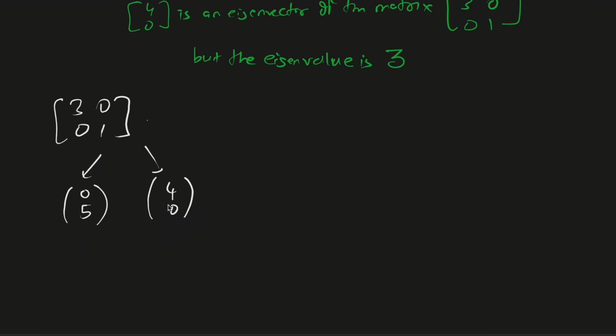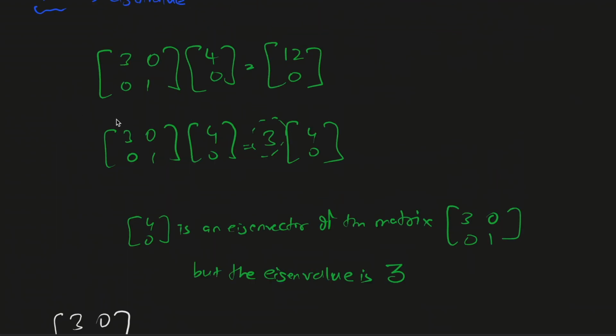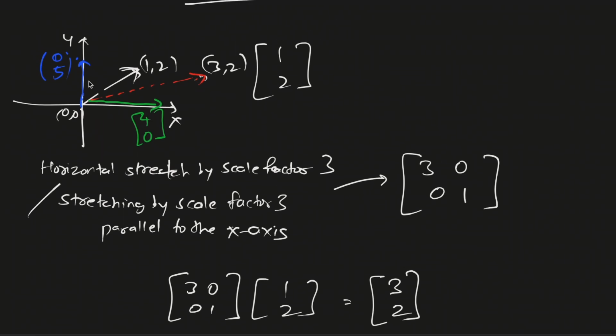But the thing is, not just 0, 5. Any vector parallel to the y-axis, or basically any vertical vector, is an eigenvector of the transformation matrix 3, 0, 0, 1. So if I consider any vector, be it 0, 5 or 0, 3 or 0, 1, or even pointing downwards, 0, minus 1, 0, minus 2, all are basically eigenvectors of the transformation matrix with the eigenvalue 1.